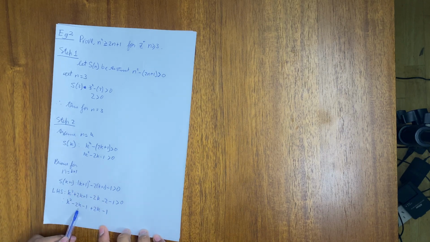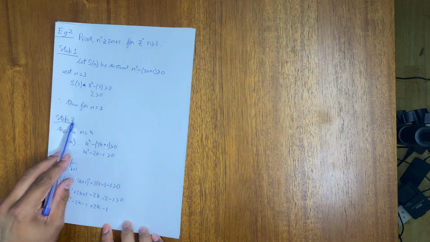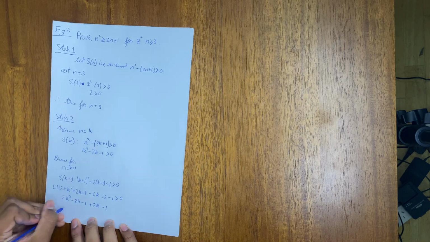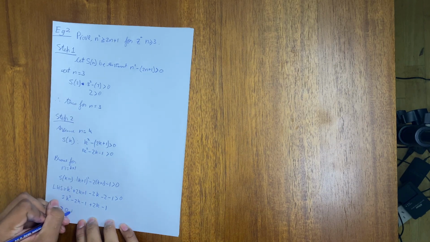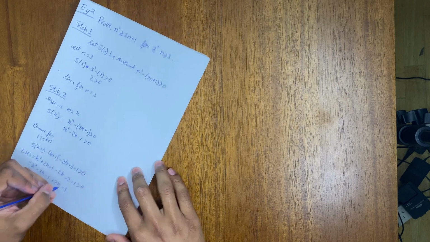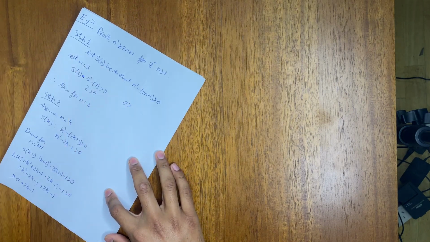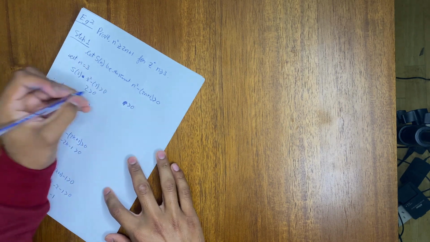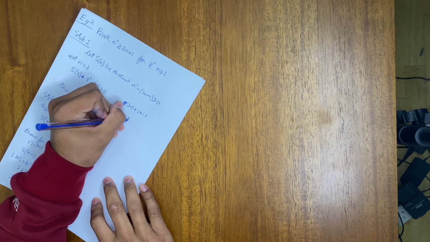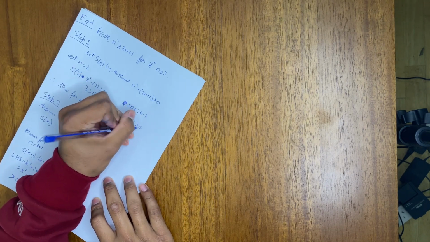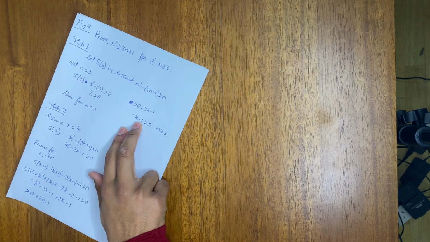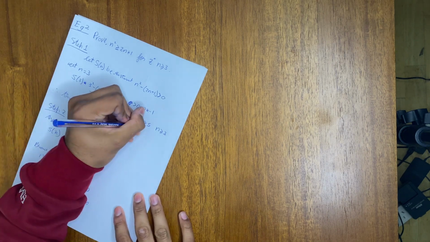But we know k squared minus 2k minus 1 from the step 2 assumption is greater than 0. So we can change this to 0 plus 2k minus 1. But we know that 2k minus 1 is greater than or equal to 5 because n is greater than or equal to 3. So 3 times 2 is 6 minus 1 has to be 5.